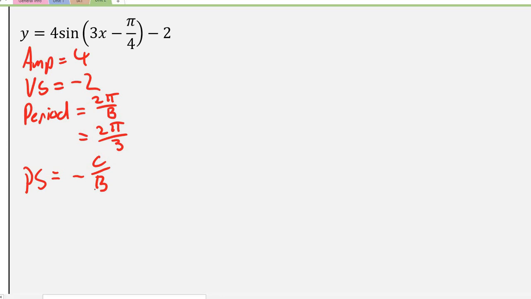It's a negative, so it's going to be to the right. Our rule for phase shift corrects for that. So we're going to get a positive or a negative answer for our phase shift. Positive. Now, that means shift to the right. A positive phase shift is a shift to the right. A negative phase shift is a shift to the left.